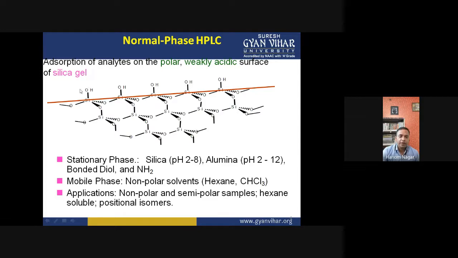They will adsorb at this stationary phase and bind with the hydroxy group, maybe by hydrogen bonding, maybe by electrostatic attractions. And this surface is actually weakly acidic, because of the alcoholic group present on silicon.